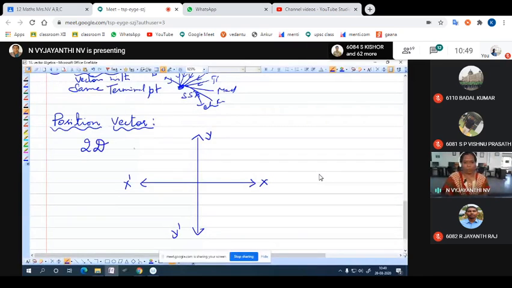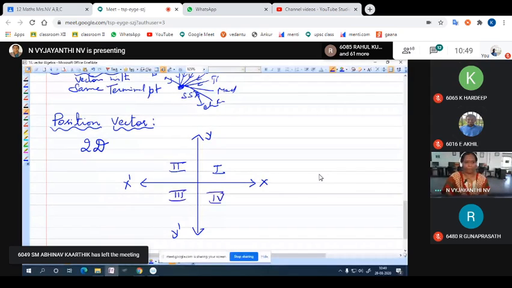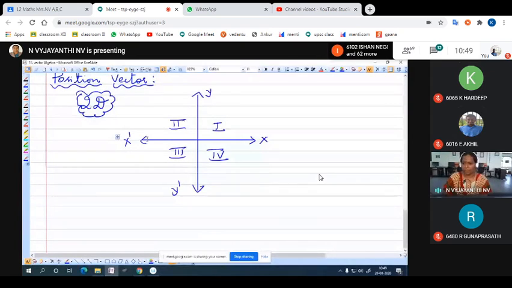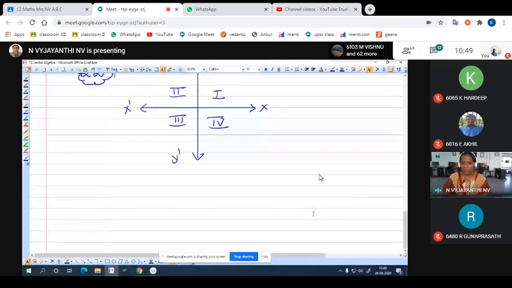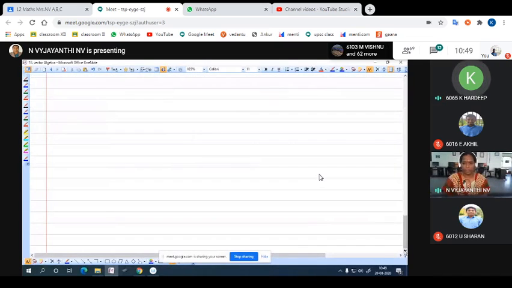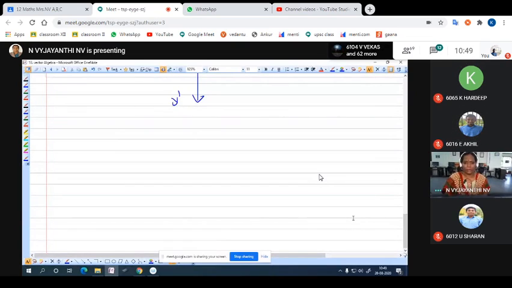So we will have how many quadrants? Four quadrants. This is two-dimensional geometry. But now we are going to discuss three-dimensional geometry, in which we will have how many quadrants? Already in 11th class you have studied, no? Eight quadrants.